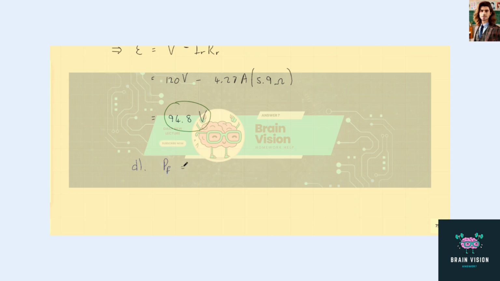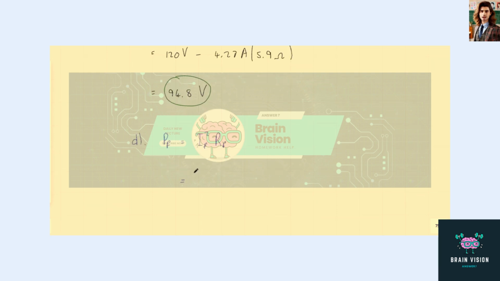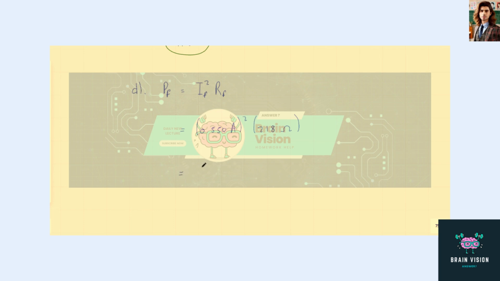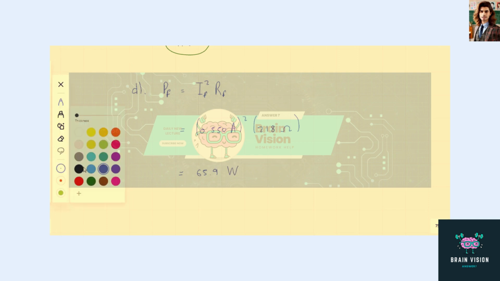So we'll call it PF, and we know the power is simply I squared times R, so IF squared times RF, and this is 0.55 amperes squared times 218 ohms, which gives us the rate of development of thermal energy to be 65.9 watts. And that's our answer for part D.